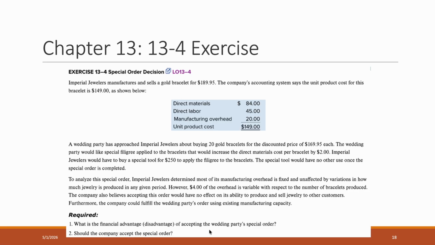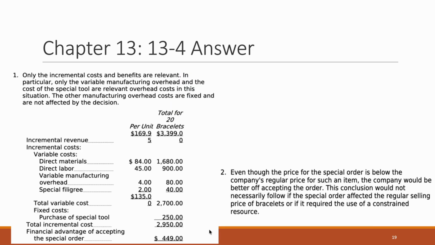So now, should we accept this special order? Even though the price for the special order is below the company's regular price for such an item, the company would be better off accepting the order. This conclusion would not necessarily follow if the special order affected the regular selling price of bracelets or if it required the use of a constrained resource. But in this scenario, we did the math behind it.